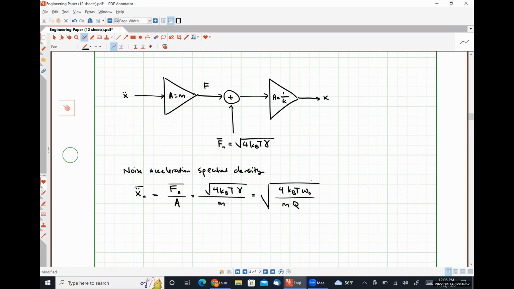Any acceleration that is experienced that is below xn double dot cannot be accurately measured. Okay.